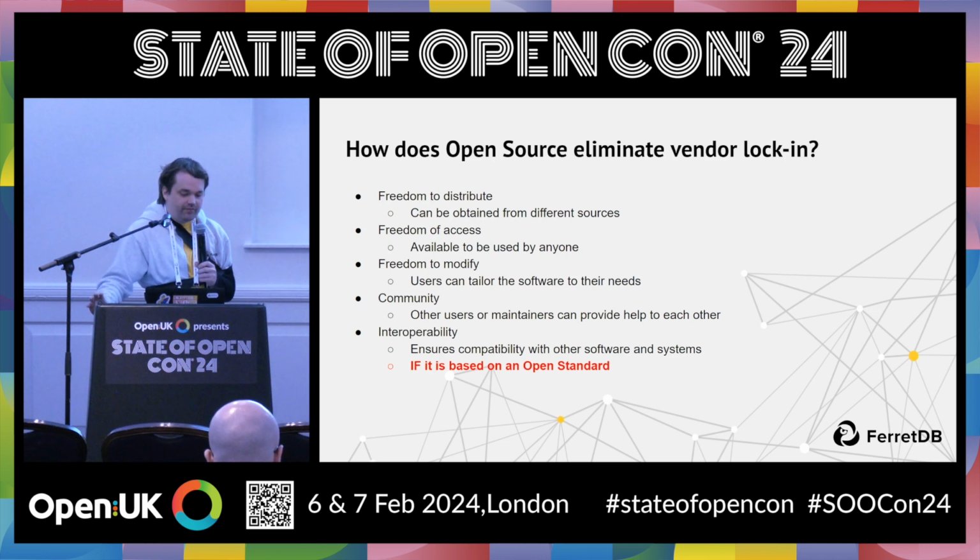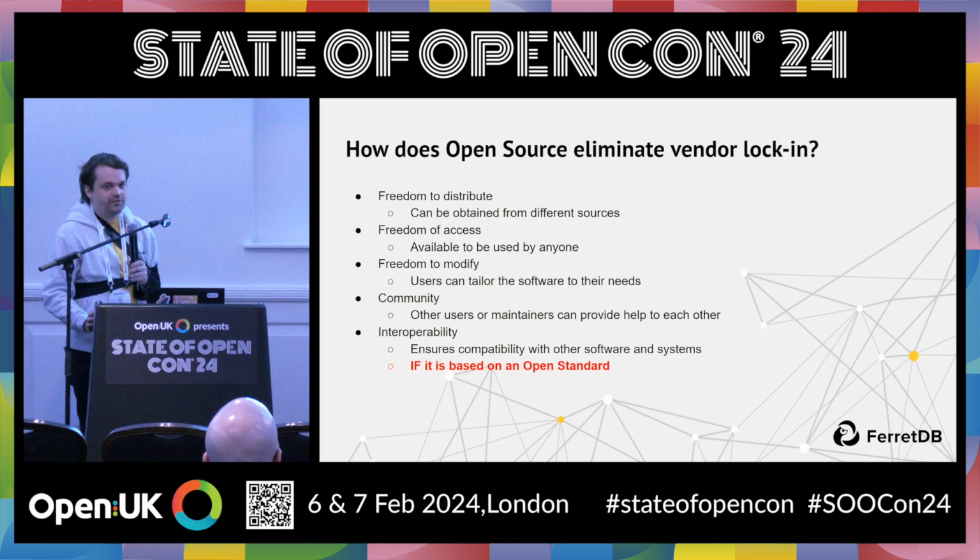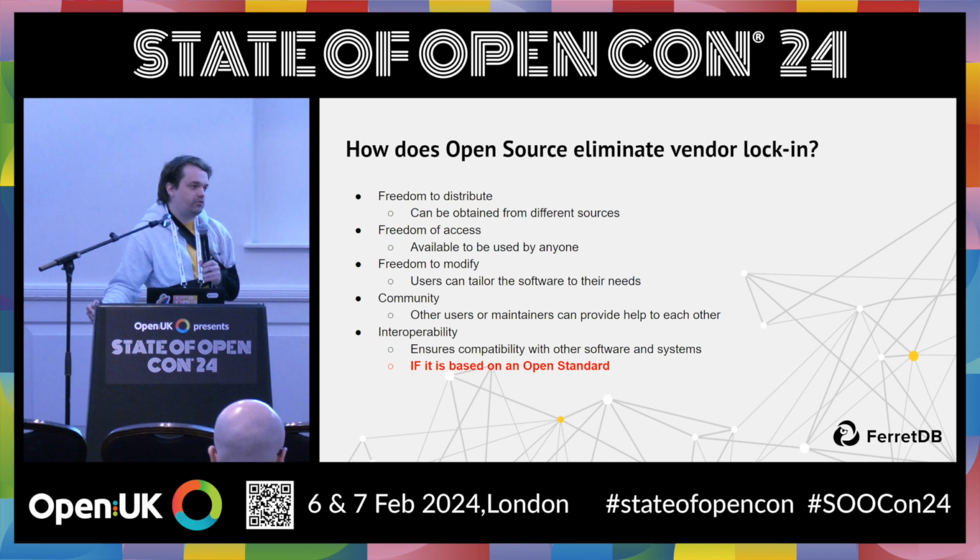However, and this is one of the reasons why I'm holding this presentation today, all of this is not guaranteed to avoid vendor lock-in. So if the open source software is not based on an open standard, let's take an example. Well, I did not come with an example. That's probably not great, but let's say a video player software, which depends on a proprietary codec to play videos.